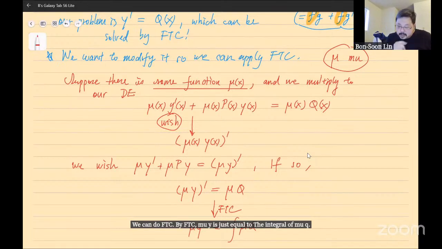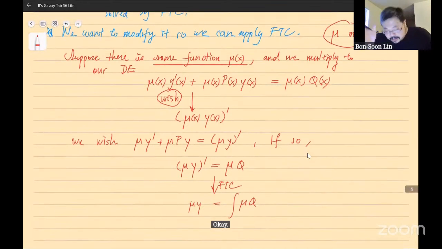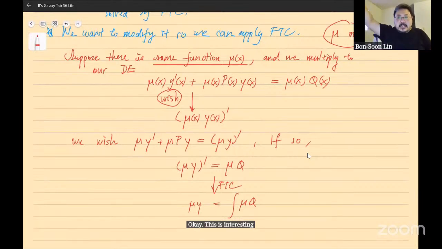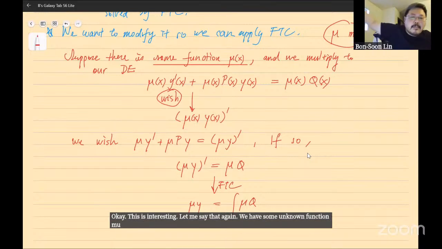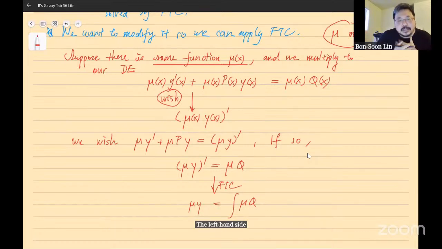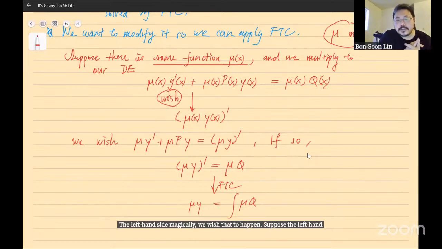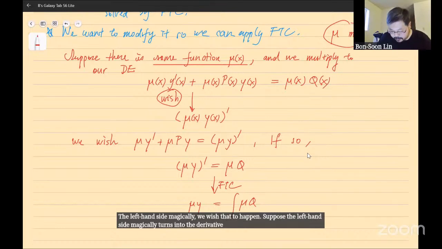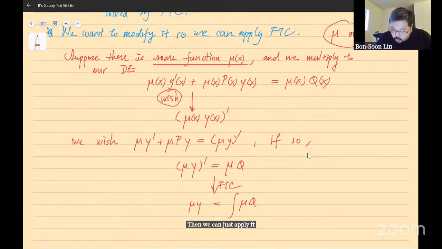Okay. So this is interesting. Let me say it again. We have some unknown function mu, and suppose that when I multiply my unknown function mu to our differential equation, the left-hand side magically, we wish that to happen, turns into the derivative of mu times y. Then we can just apply FTC to get mu y is equal to the integral of mu q.